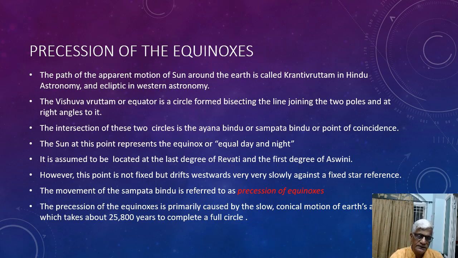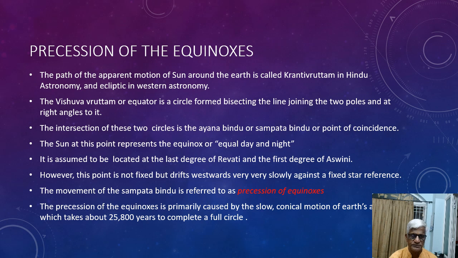And the equator, which is at 24 degrees inclined to the Kranti Vrittam, is called the Vishwavritta. It is a circle bisecting the axis of the earth and passing through the center of the earth.